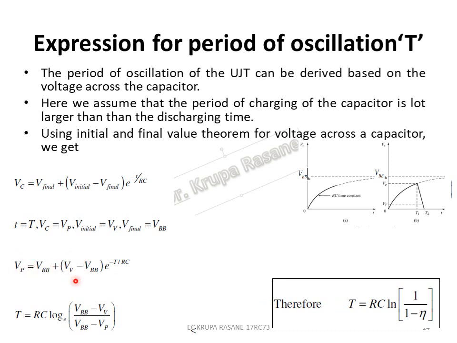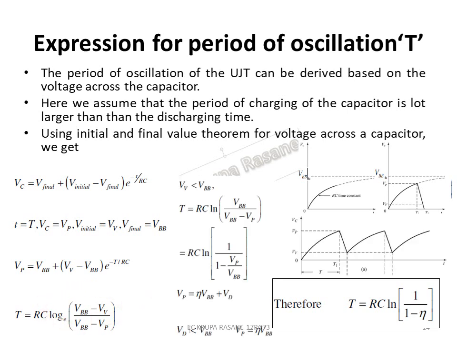Now, the valley voltage is much smaller compared to VBB, so we can neglect VV. If I neglect VV, this expression becomes VBB as a common factor times (1 minus e to the power of minus T by RC). Just solve it using logarithms on both sides, and I should be able to get an expression like this.